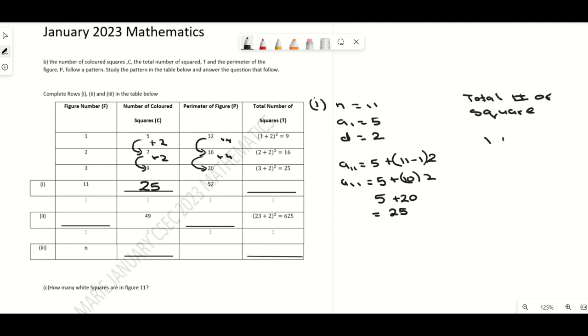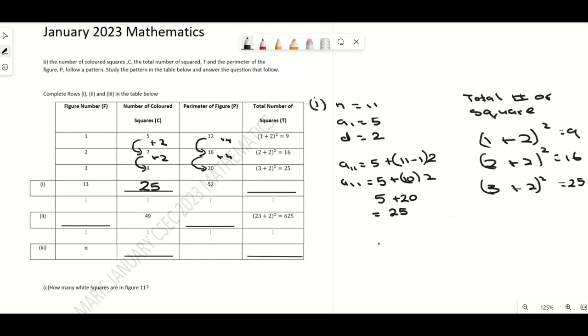We have 1 plus 2, all squared, is equal to 9. And then we have 2 plus 2 squared is equal to 16. And then we have 3 plus 2 squared is equal to 25. So what we can see is if we look at these first values, 1, 2, 3, those are actually your figure numbers.